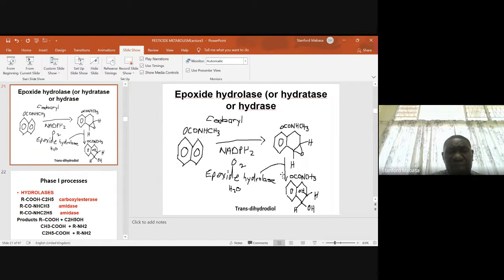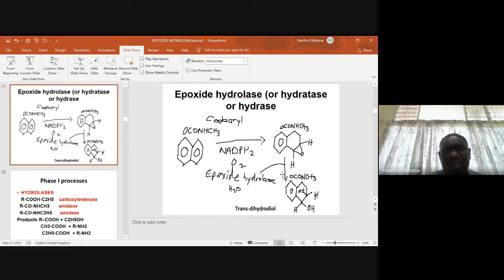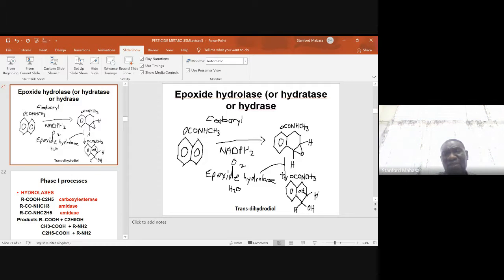Then we have got carbaryl. Now, carbaryl may form what is known as an epoxide. And we have got the enzyme epoxide hydrolase.